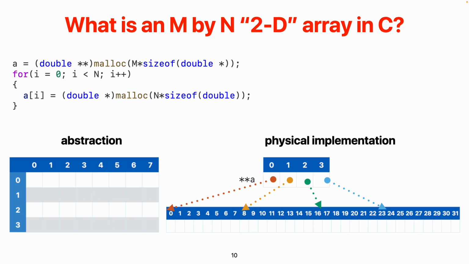So the first row is likely to start here, the second row goes after that, and the third row after that, then the fourth row. That's why I'm saying that although from the programmer's perspective it looks like a two-dimensional array, the real data allocation is actually sequential.